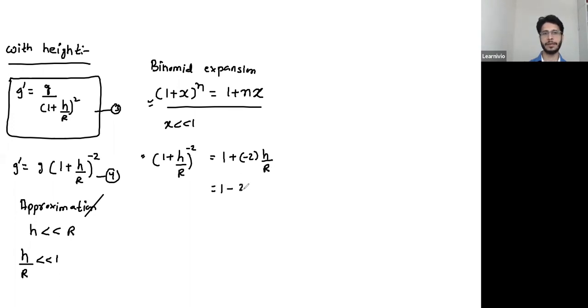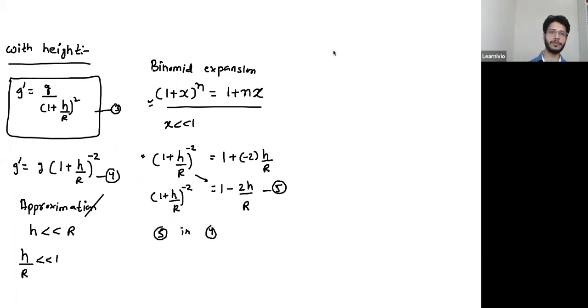So it's 1 minus 2h by r. I can use this simplified expression here. I call this, 1 plus h by r to the power minus 2 is 1 minus 2h by r, equation number 5.